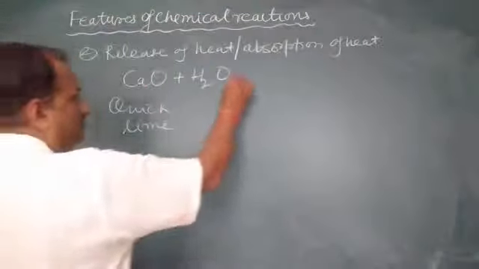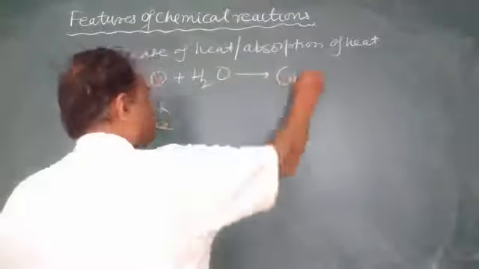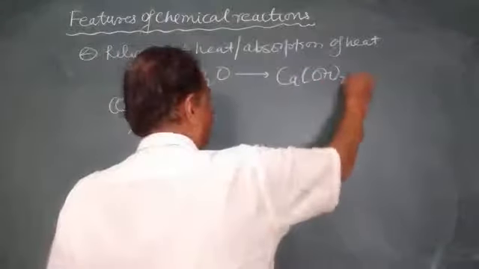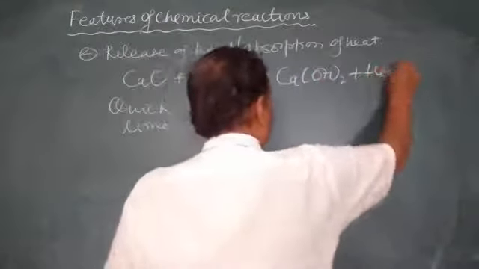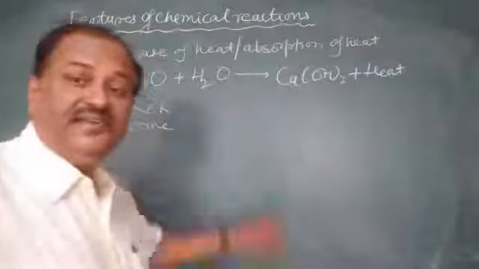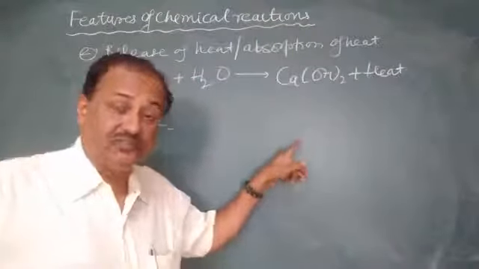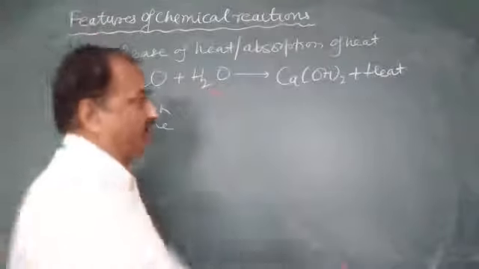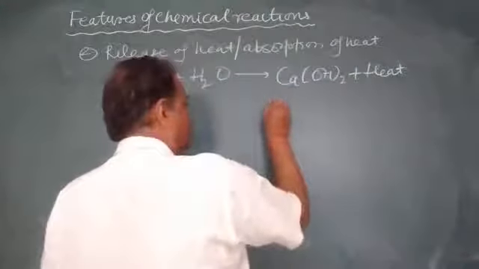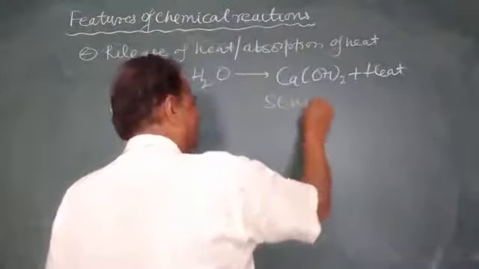When we add it to water, there is formation of calcium hydroxide. It starts boiling, and this is called slaked lime.